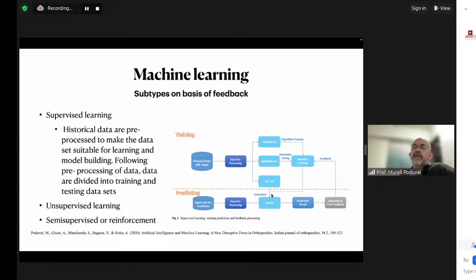Once that has been done and the model is now ready for deployment, it can then ingest real world data, which is pre-processed and ingested into the model, and which once again gives a prediction result, and then it goes into the feedback loop again. So this is a typical feedback loop for supervised learning.